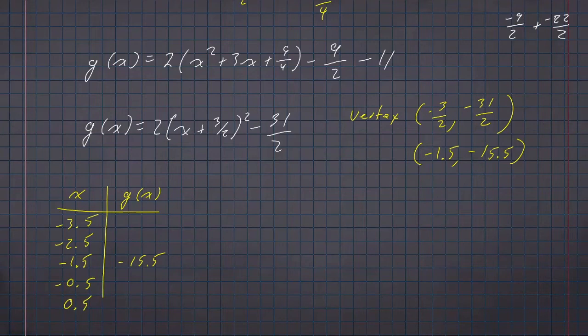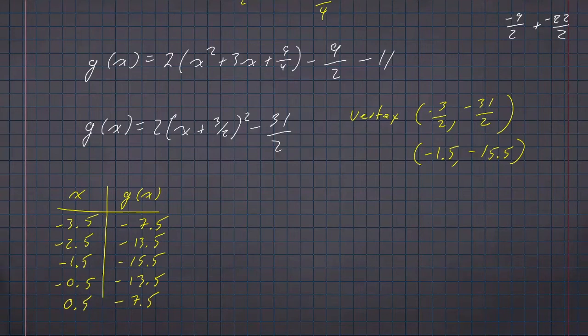And when we do that, we will end up with, say, -13.5 and -7.5. And again, symmetry. So it'll be the same things going in the other direction.